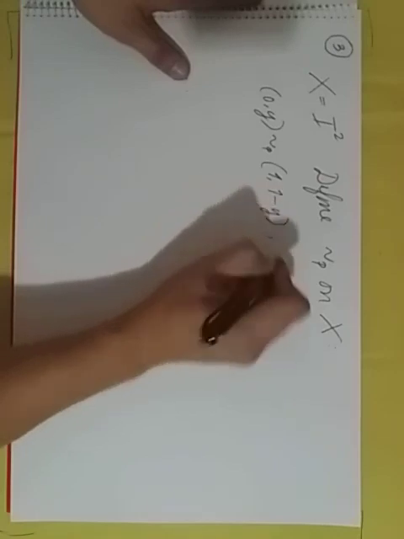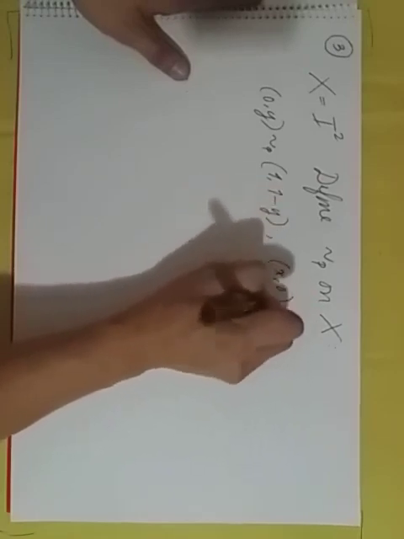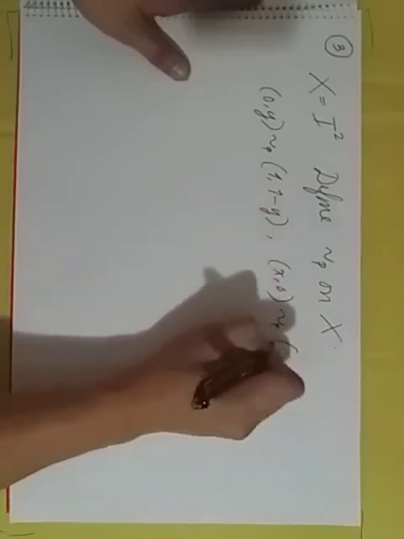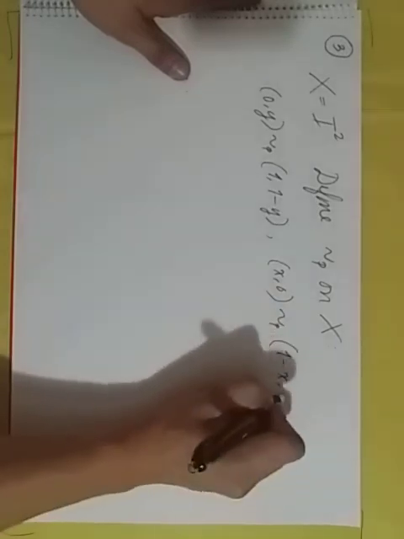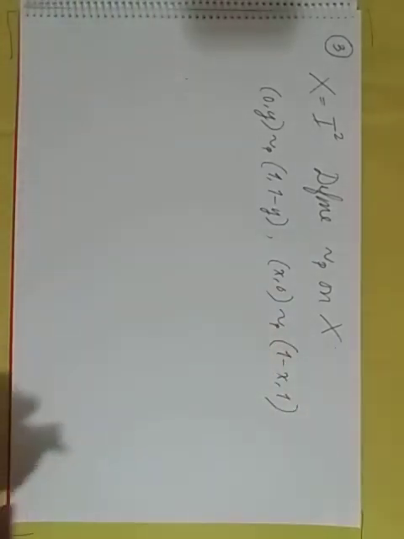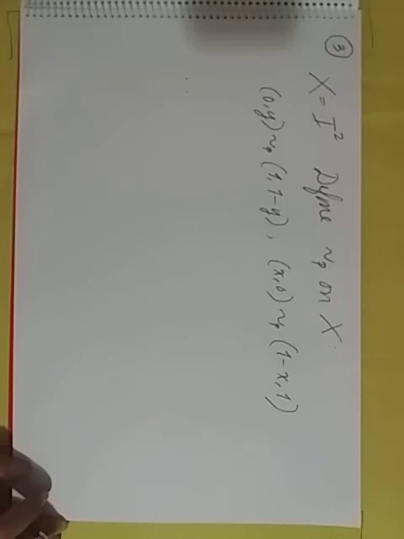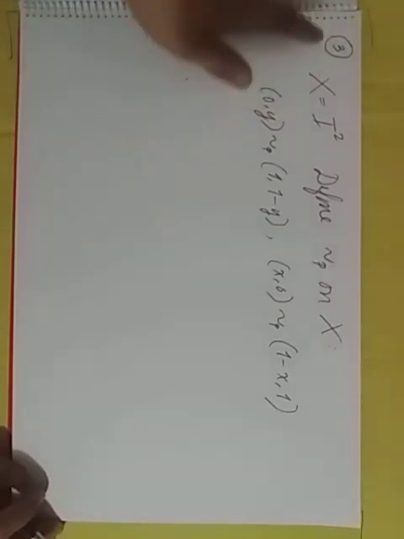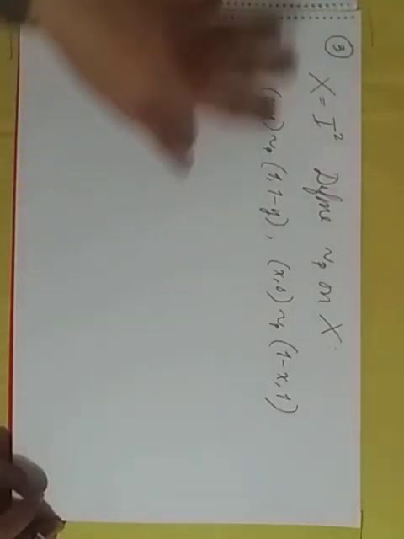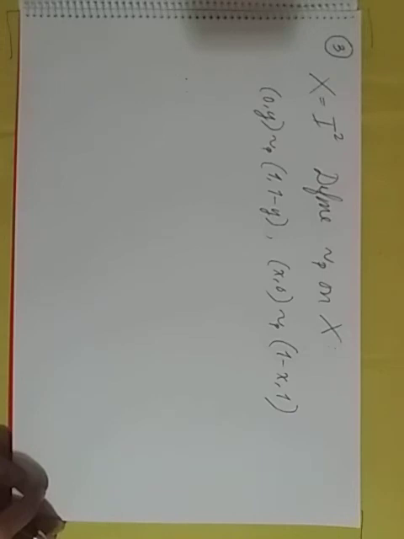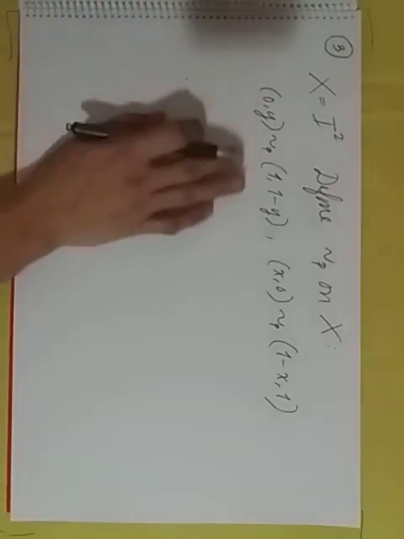And (x,0) will be related to (1-x,1). Okay. Again, interior points are left as is, alone in their equivalence class. So what will we get if we do this?